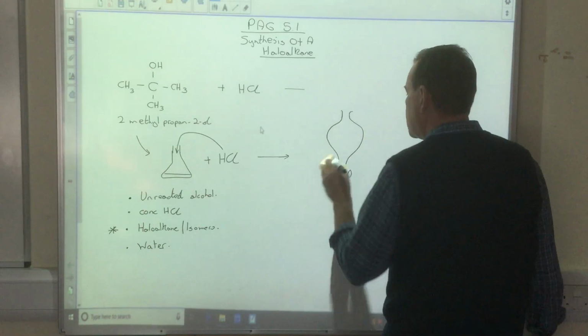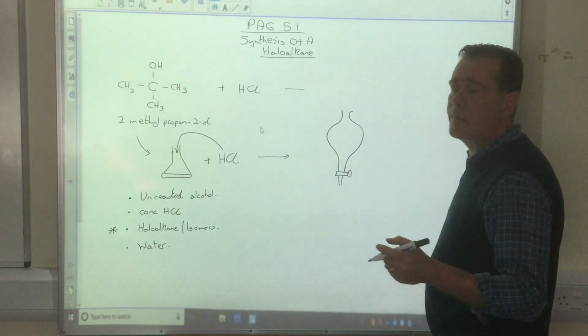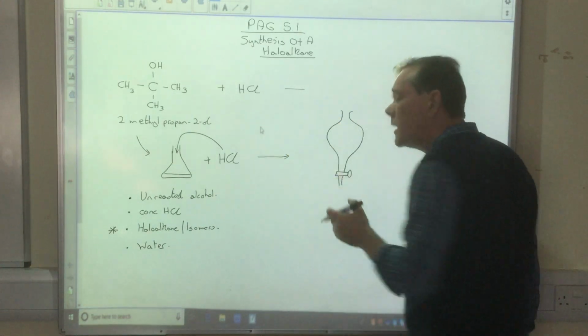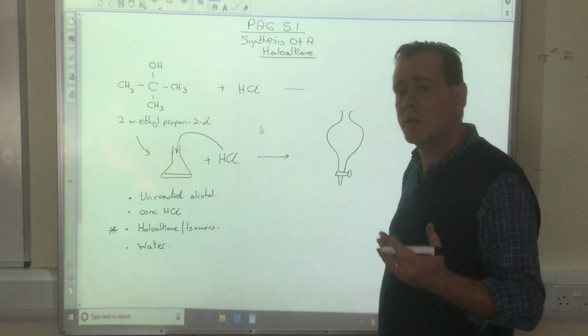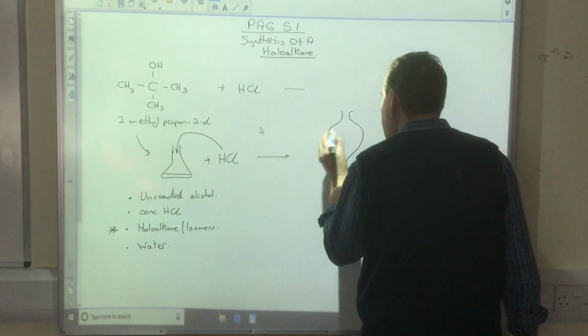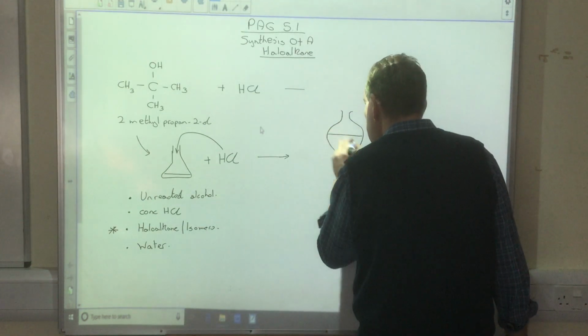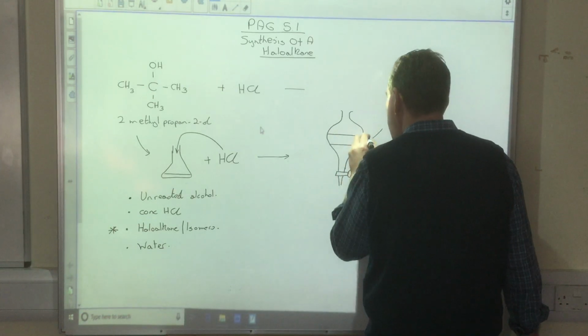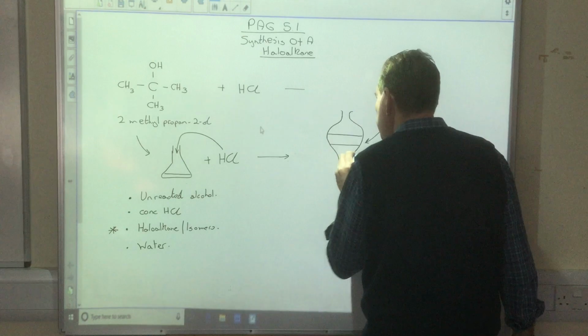Now, what's going to happen? It's going to separate. A separating funnel allows for natural separation according to what things are soluble in what. So in here, two distinct layers, layer 1, layer 2.